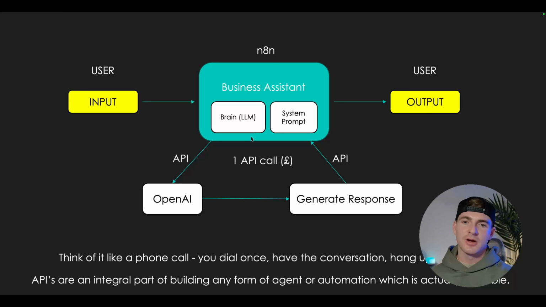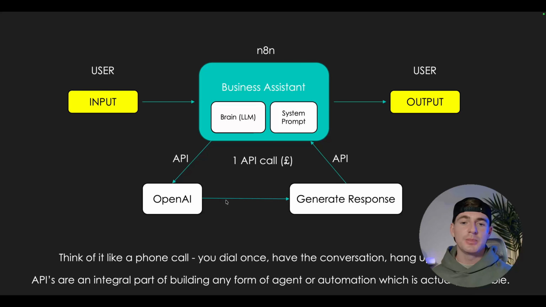I've got this diagram here which illustrates it quite nicely. This is what we looked at previously. We have our input, then we have our agent, then we have the output. So what's actually going on underneath this when we call on a tool? Well, let's use the OpenAI example, because we were using OpenAI. We had an OpenAI chat model connected to our agent, and we were talking effectively to ChatGPT inside of n8n. So how does that work?